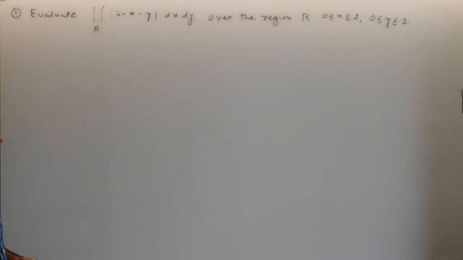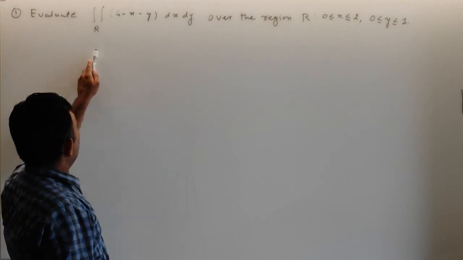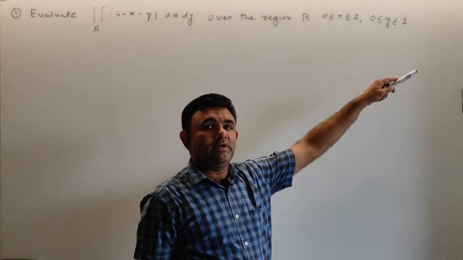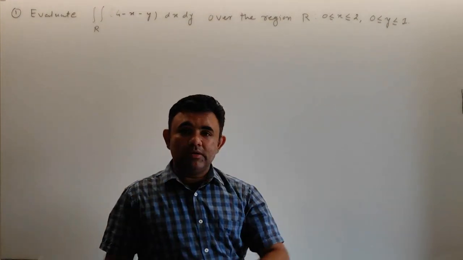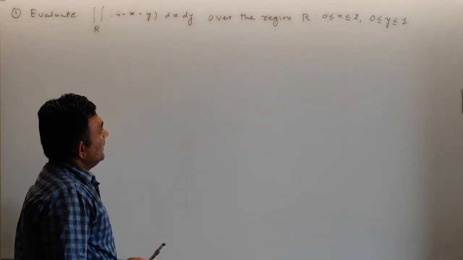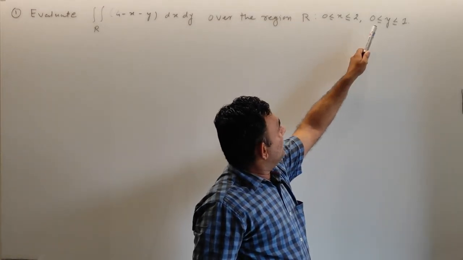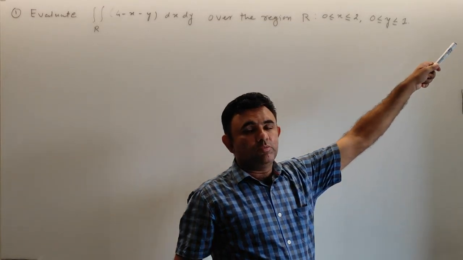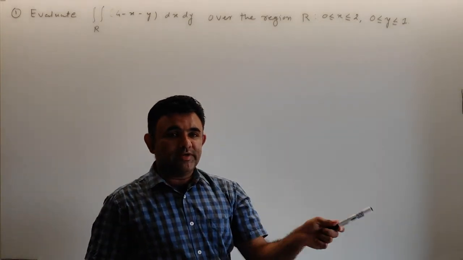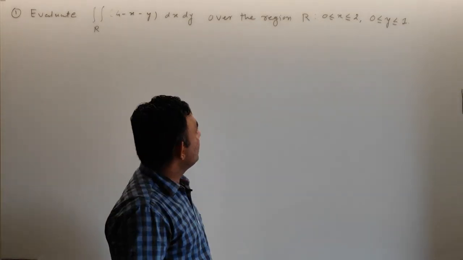Actually here region R is described in this way and limits of x and y both are given. Limit of x is 0 to 2 and limit of y is 0 to 1. So both the limits are constant, and our region is a rectangular region.